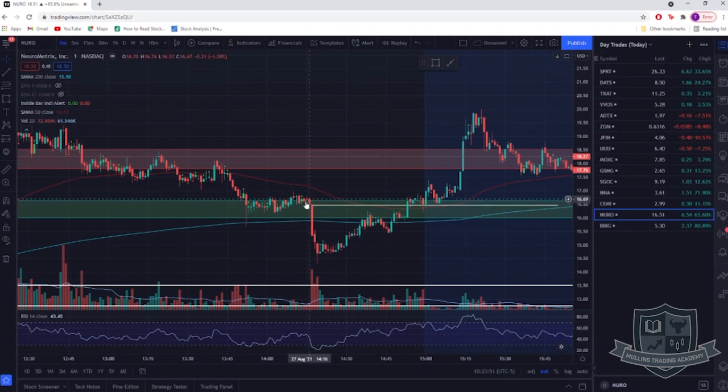Either these bears are going to be like, great, I get a dip now and I can short some more and add some more short shares and take this thing even lower and make more profit. Or if they're novice bears or if they're just losing the battle, as you come closer to this position, they're thinking, oh no, I'm about to go from green to red on this trade.